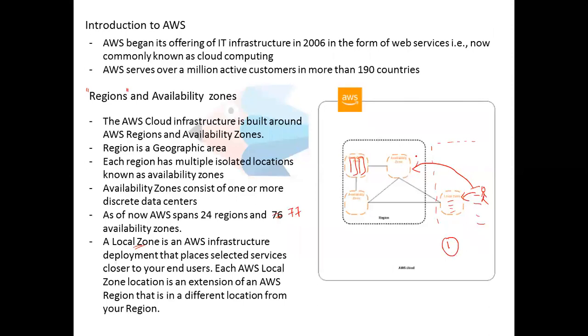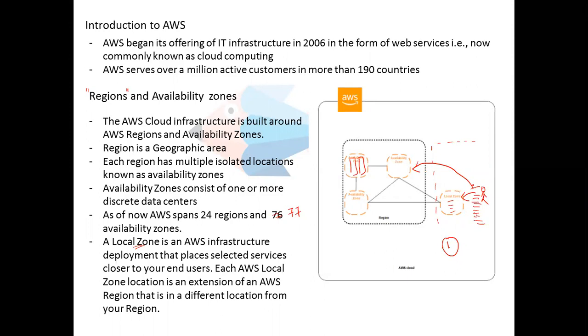I already told you that the local zone is basically there if you don't have an AWS region. If you have users over there, even through internet, you may have some sort of latency. See, let's take you're in North Virginia.